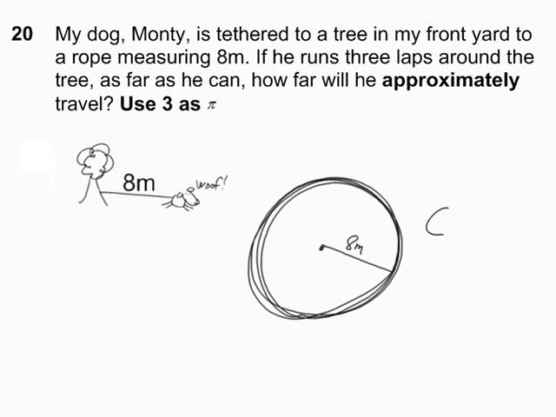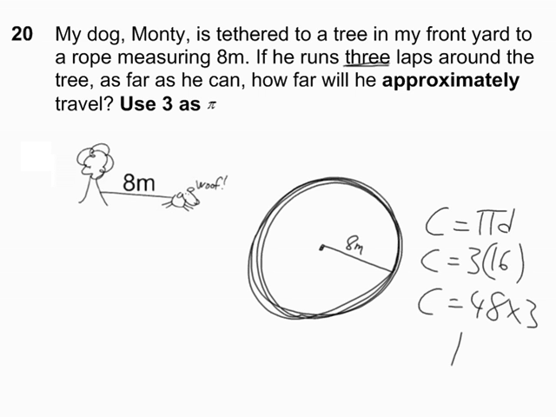It says use 3 as pi, so circumference is going to equal pi d. This circle that Monty's running is going to be 3 multiplied by the diameter, which is 16. That's going to be 3 times 16, which is 48. One lap is 48, and since he's doing 3 laps, you multiply that by 3, and you're going to get 144 meters that my dog Monty is going to run.